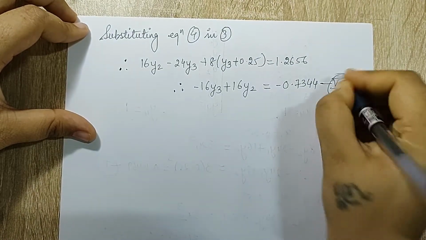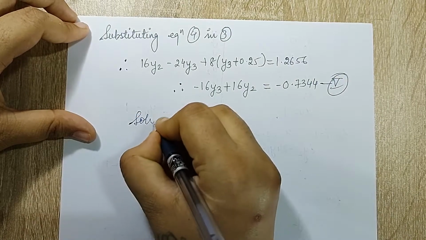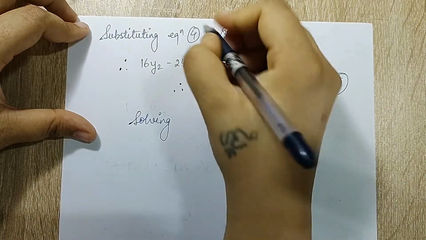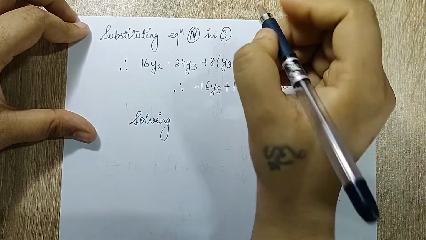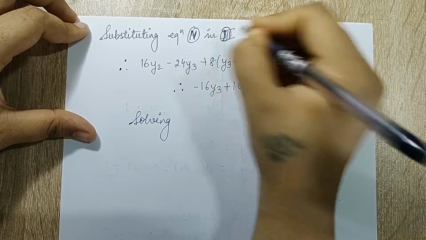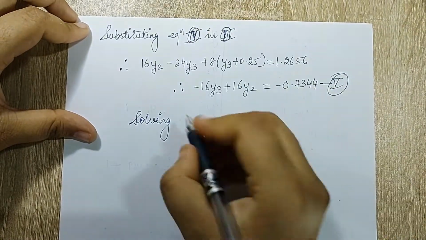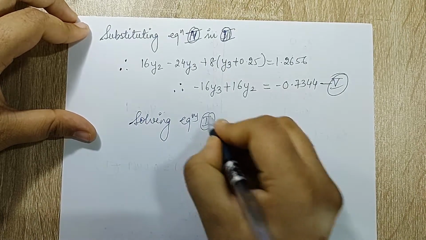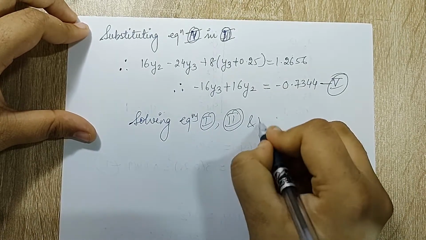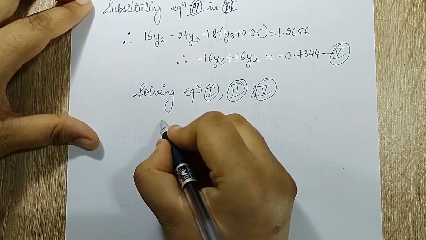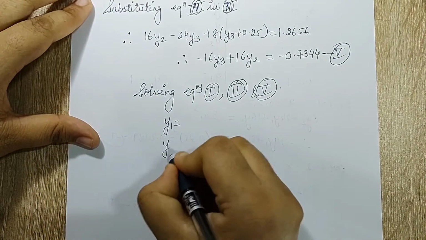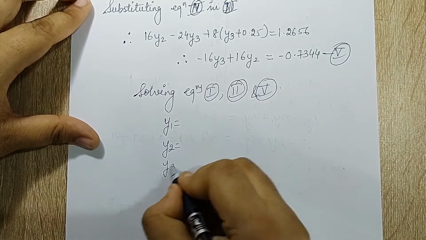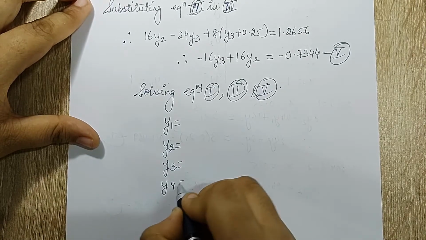This is my equation 5. On solving, okay, this was 4 and this was equation 3. So solving equations 1, 2 and 5, we'll get y1, y2, y3, y4.